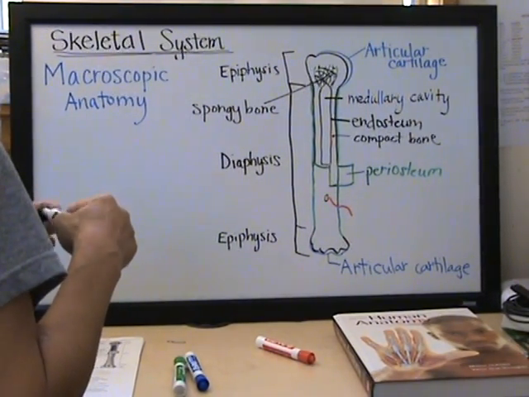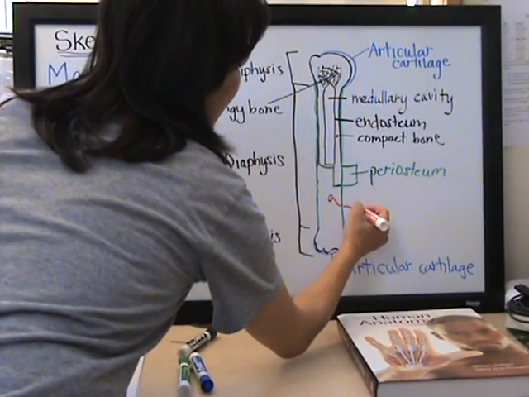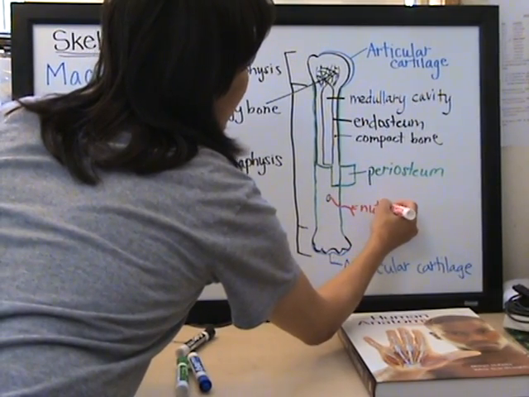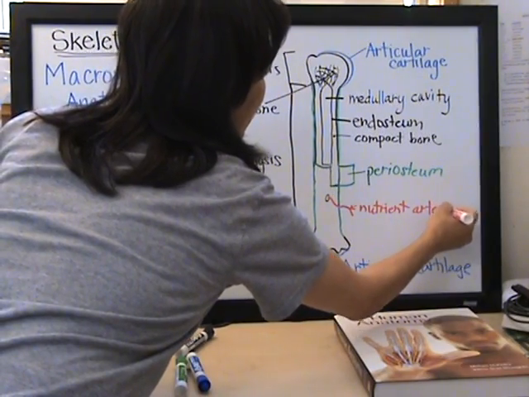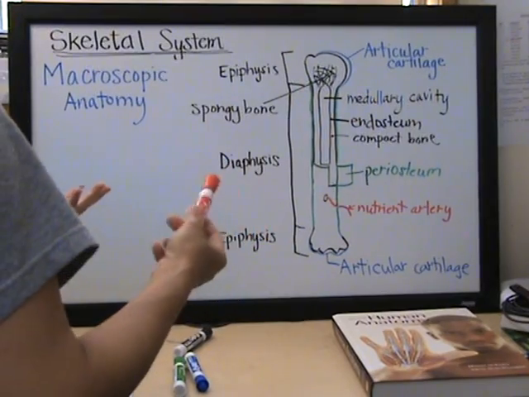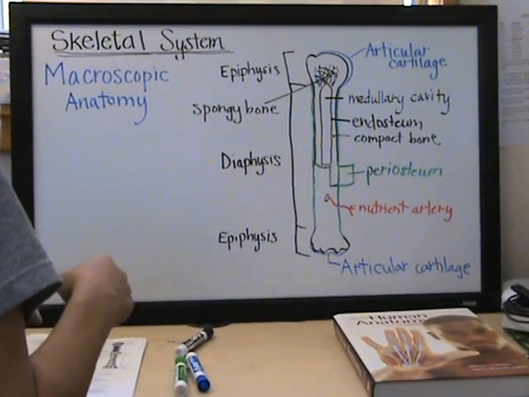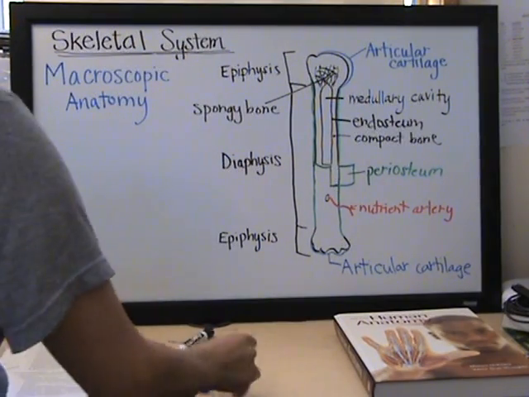Let's see, what else do we have? We have this little red thing, this little string coming out. This is a vessel, a nutrient artery. Because remember that bone is a living tissue. It's got vessels that supply it with nutrients, and get rid of waste through those nutrient arteries.